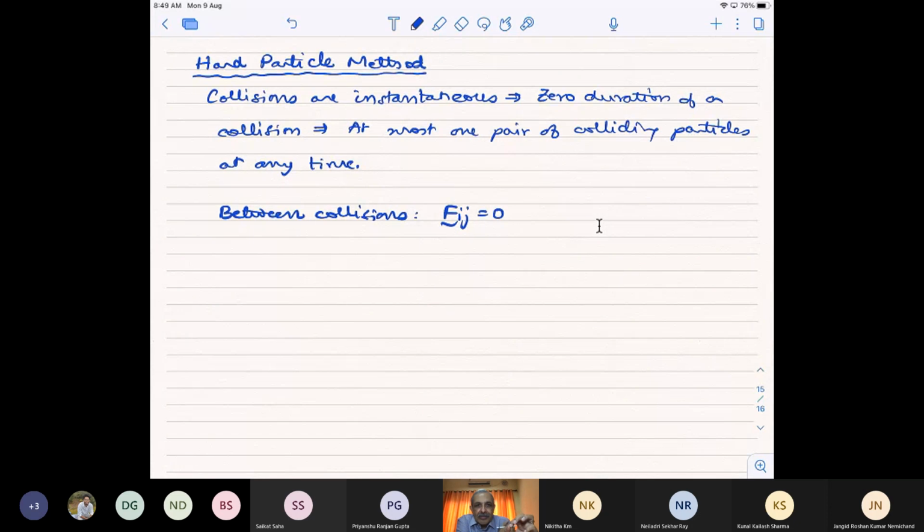Because there will always be a very tiny but finite difference between them. The difference may be 10 raised to the minus 20 seconds, but there will always be some difference between the time of collision between any two pairs. You will never have exactly the same time, because if you go to more decimal places, you'll be able to see the difference in time.